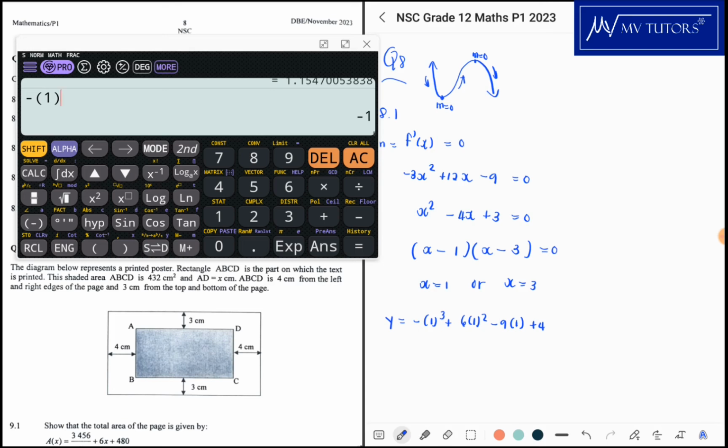So we have negative 1 cubed, and then plus 6 times 1 squared minus 9 times 1 plus 4. Oh, so that is 0. Okay, so firstly we have a coordinate of 1 and 0, and then if we substitute 3 in there, what will we get?